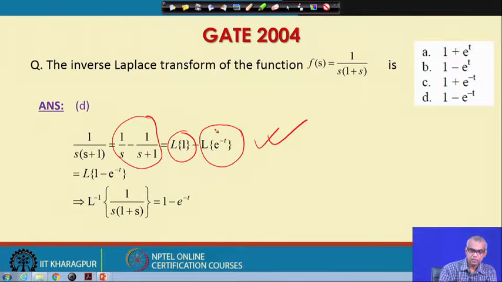So, basically this is Laplace of 1 minus e to the power minus t. So, inverse of this is 1 minus e to the power minus t. So, option D is the correct answer.